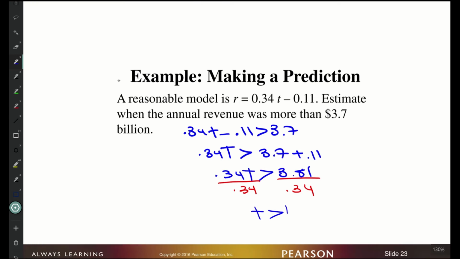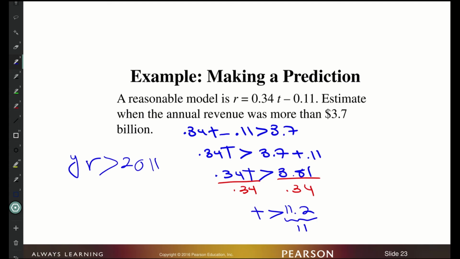So we can say 11.2. Now remember, t needs to be added to the year 2000. So if we just estimate that to be around 11, we get the year would have to be greater than 2011, right? So for years after 2011, that's when the annual revenue was more than 3.7 billion.